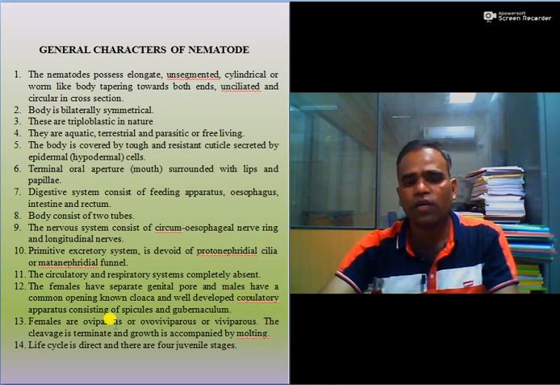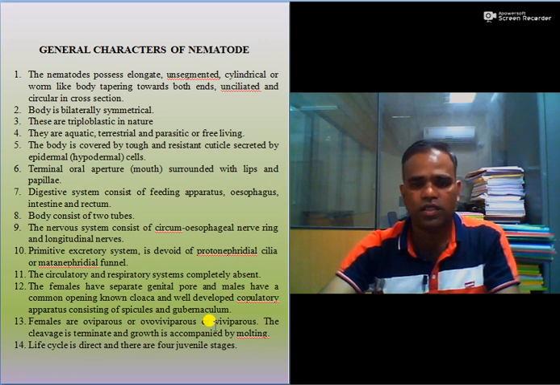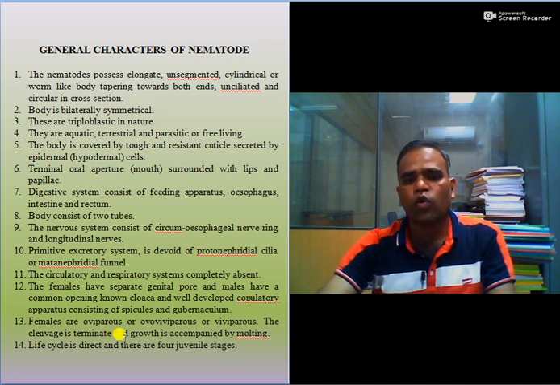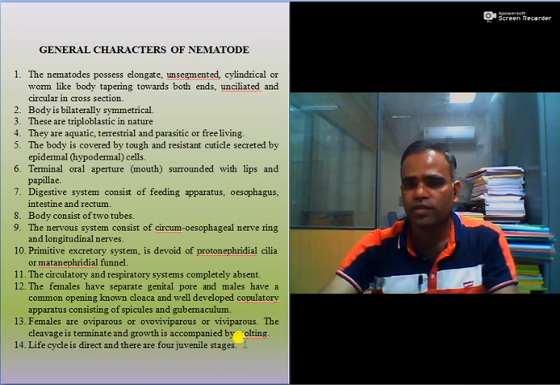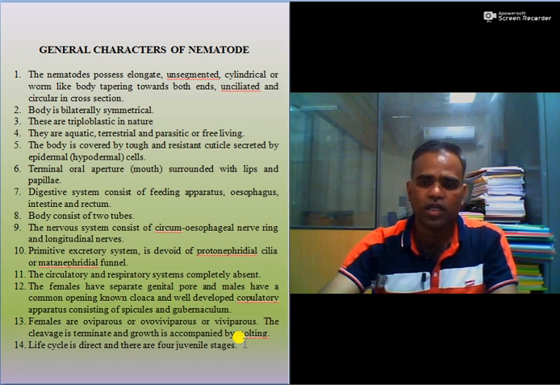The females are oviparous, means they deposit or give eggs, or ovoviviparous, first produce eggs and from those eggs the zygote or the fetus may develop, or they may directly give birth to the fetus. It is called viviparous. The cleavage is determinate and growth is accompanied by molting. So molting is the common feature in the nematode.